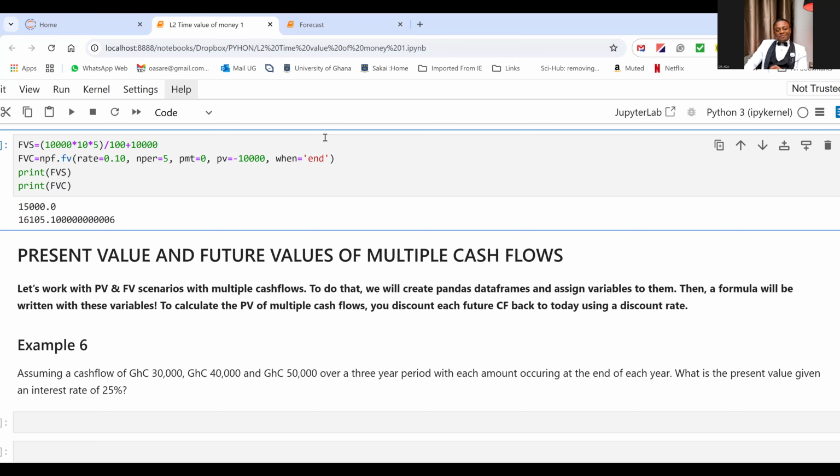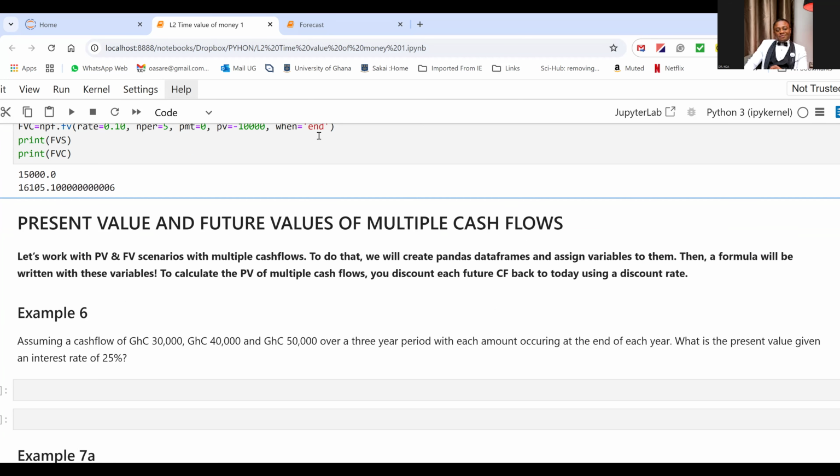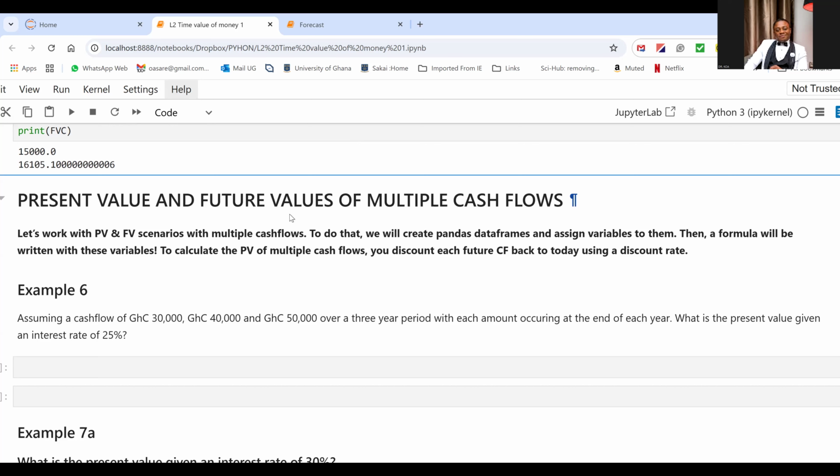We are going to create a pandas data frame and assign variables to them, and then we'll use a formula written with these variables. So this is where you are not just relying on NumPy financials alone to do the work for you, but this time you are writing the code, because sometimes you got to learn a bit of how to write them yourself.